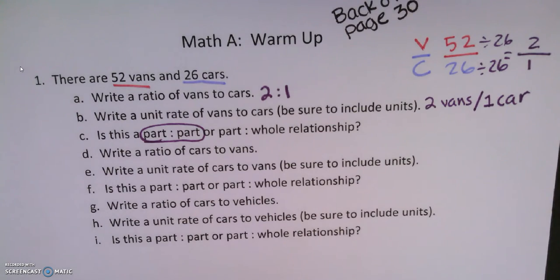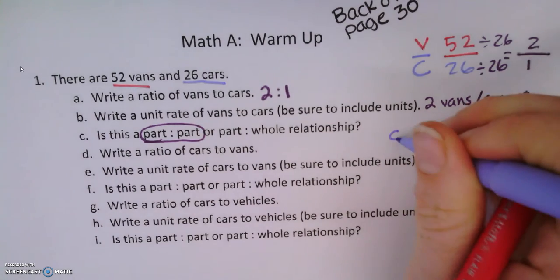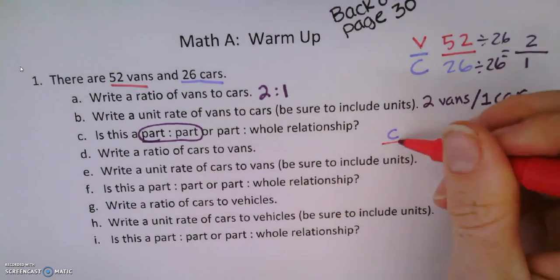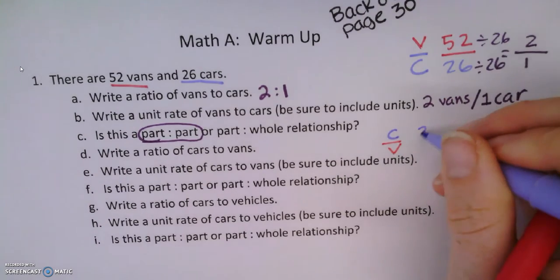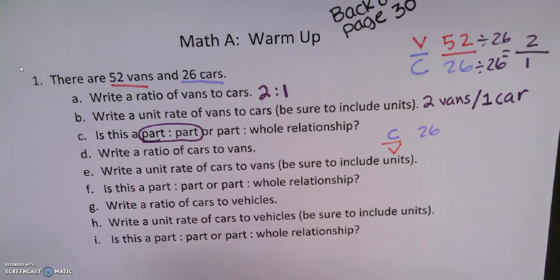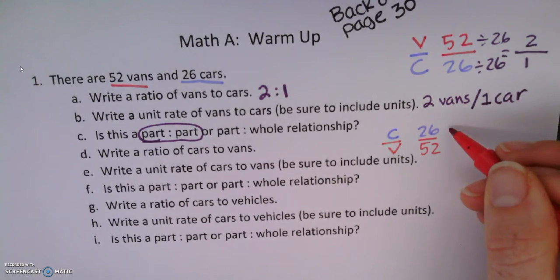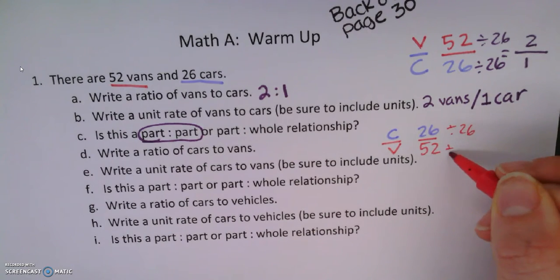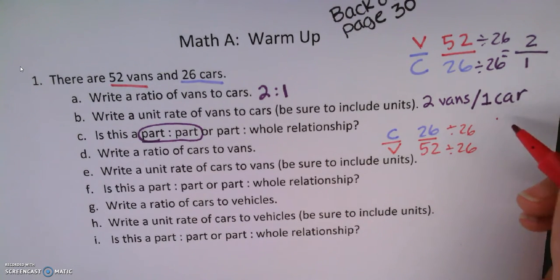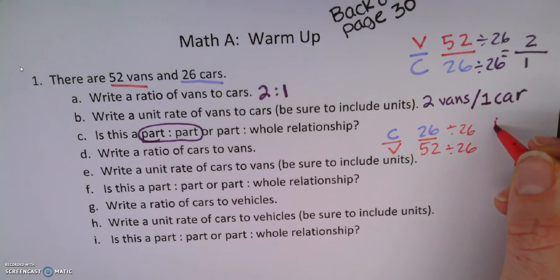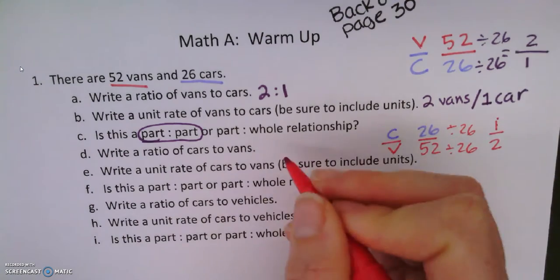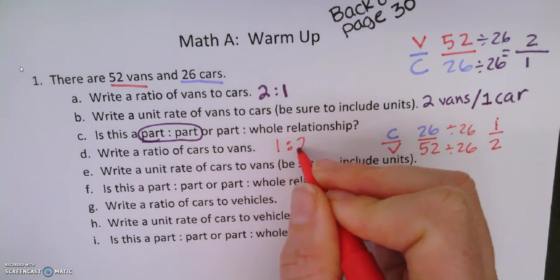So now let's look at the ratio of cars to vans. So cars to vans is going to be 26 to 52. And if we want to simplify that, we know that 26 goes into both of them. And we get 1 to 2. The ratio of cars to vans is 1 to 2.